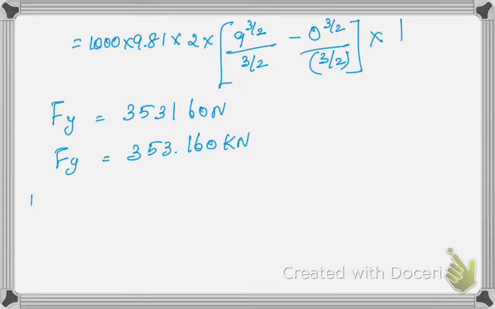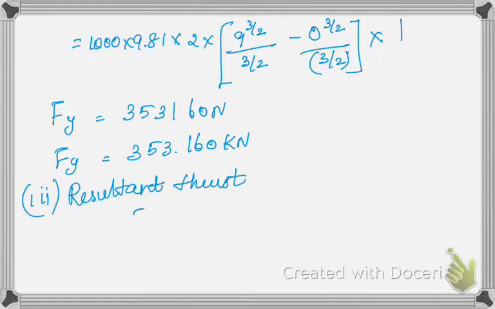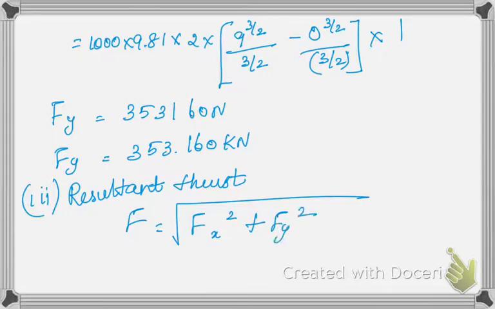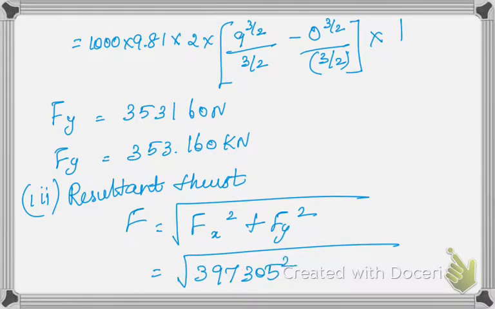So the third one is I have to get the value of my resultant thrust. So the formula for resultant thrust F is equal to root of Fx square plus Fy square, which is equal to root of 397305 square plus 353160 square.